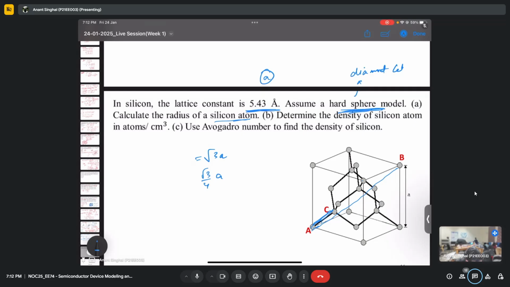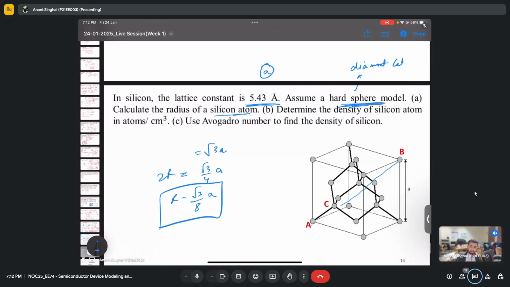So A and B is 2R. This should be 2R. So R will be root 3 by 8 A. Oh, A is already given.